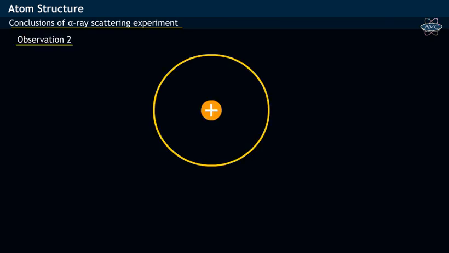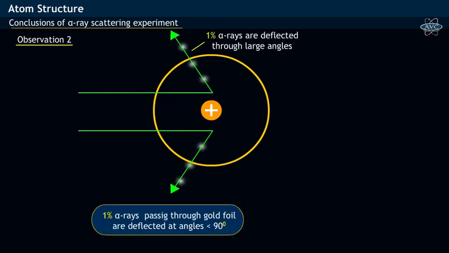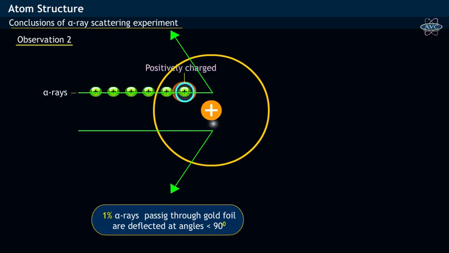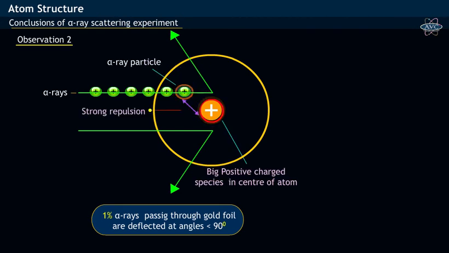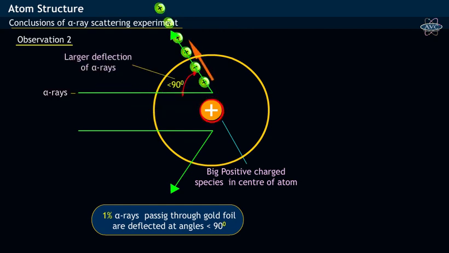From the second observation, that only 1% of alpha rays are deflected through large angles, Rutherford indicated that alpha rays, being positively charged, when passed close enough to another very big positively charged body, are strongly repelled and hence deflected through large angles.